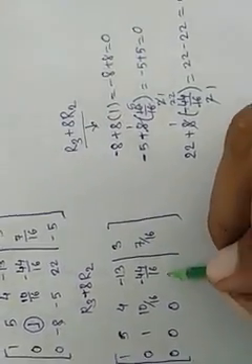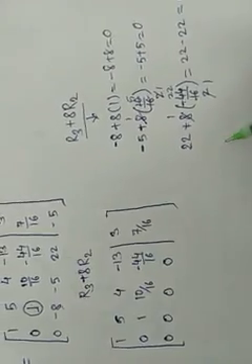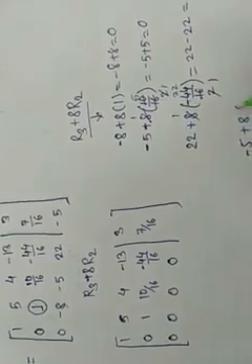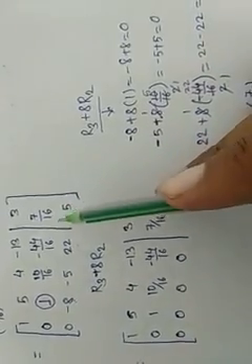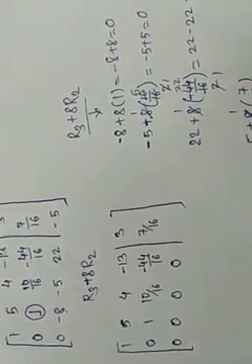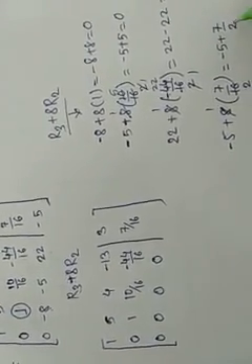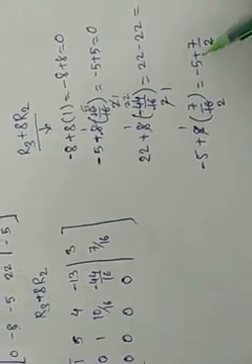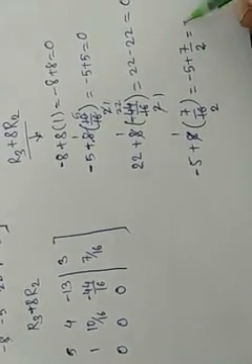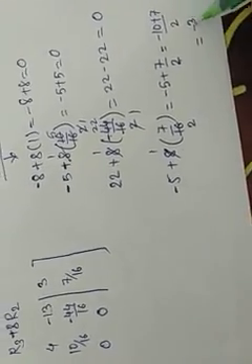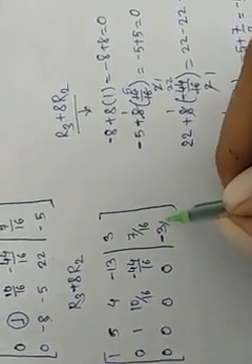And the last calculation is minus 5 plus 8 into 7 upon 16, which is minus 5 plus 7 upon 2. Make the LCM here: minus 5 into 2 is minus 10 plus 7 upon 2, which gives minus 3 upon 2.